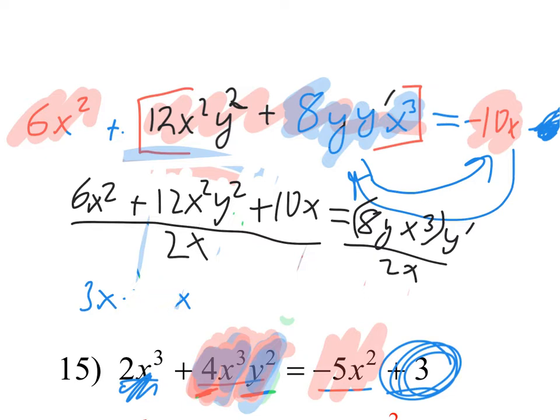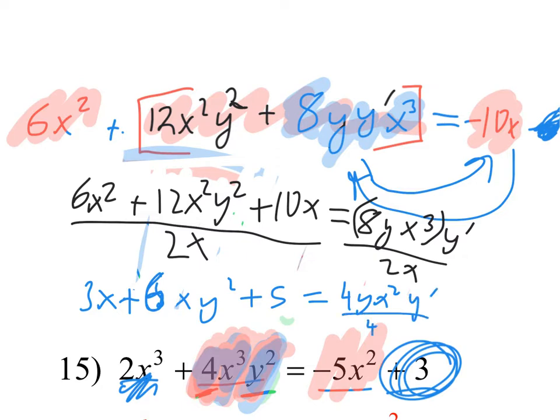Simple math, come on. Okay, 3x plus 6, I was going to write 8 again. 8x y squared plus 5 equals, and that will end up being 4y x squared y prime.